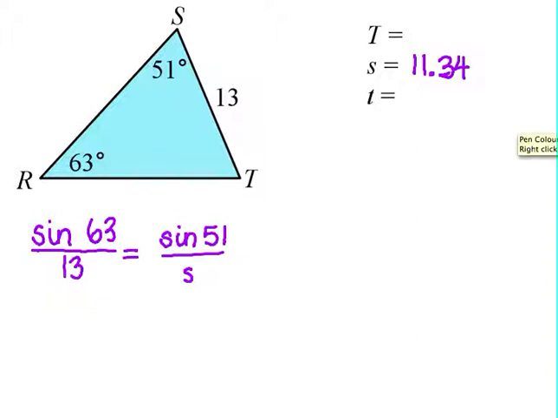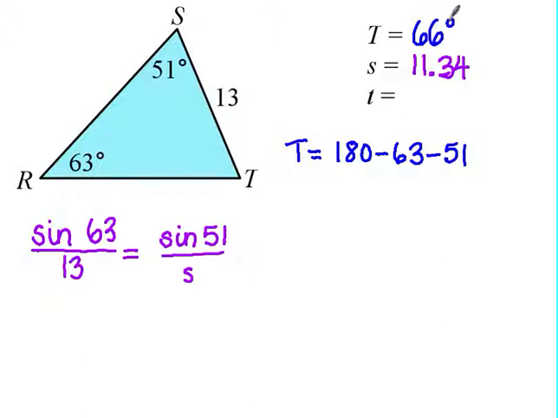Angle T. I can find angle T by taking 180 minus 63 minus 51. What do you get? 66 degrees. So last but not least, I need to find side T.